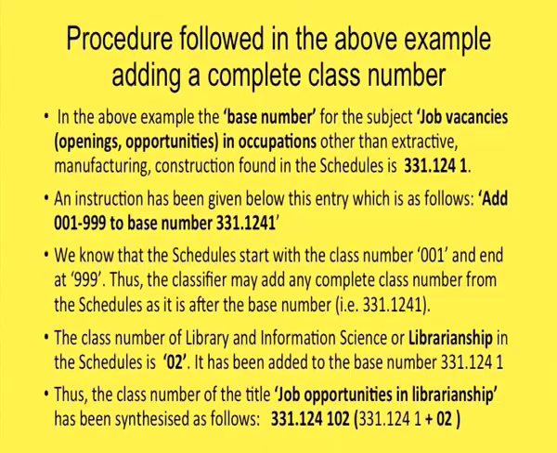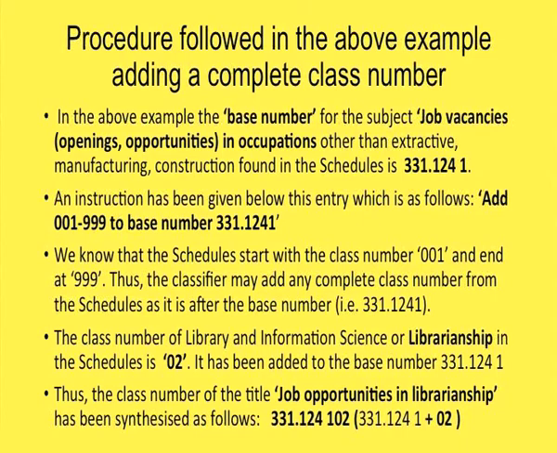First of all, we found the number for job opportunities in occupations other than extractive, manufacturing and construction, which in the schedule was 1241, and to this number, as per the instruction given below this entry, 001 to 999 means we can add any occupation. We add the number for, for example, medicine. So, it becomes a number for job opportunities in the medical field or doctors.